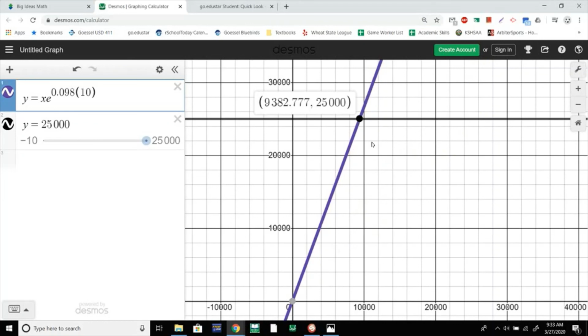The other, just thought of this, is you have this function here. If you take 25,000 and divide it by e to the 0.098 times 10, that should equal what the P is. So if you just take this and divide it over, that would be a lot easier. Okay, there's your, oops, let me go back. You weren't seeing that, were you?